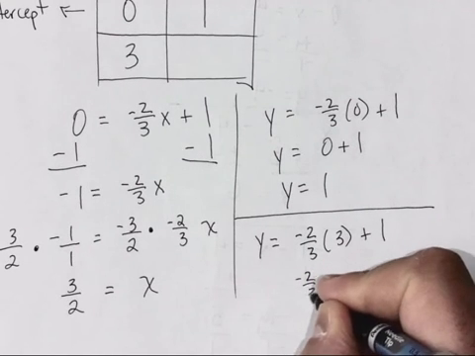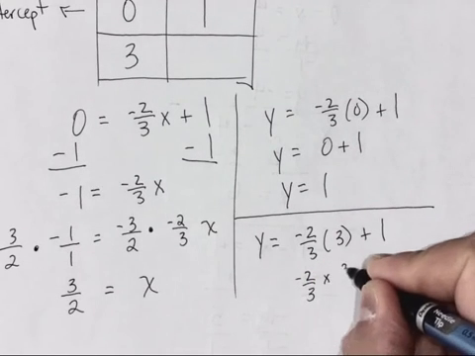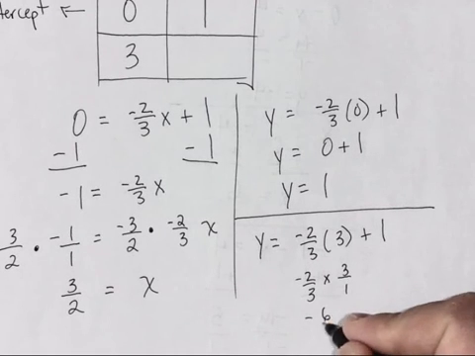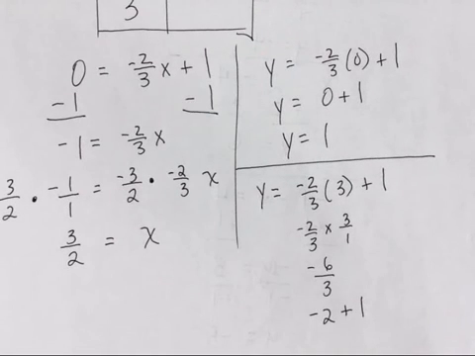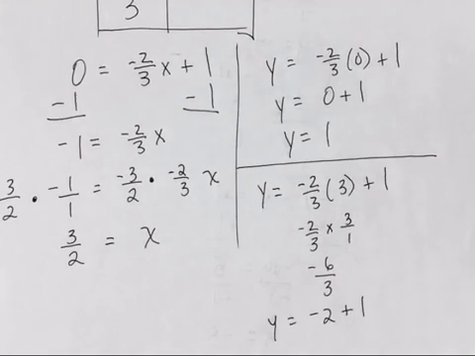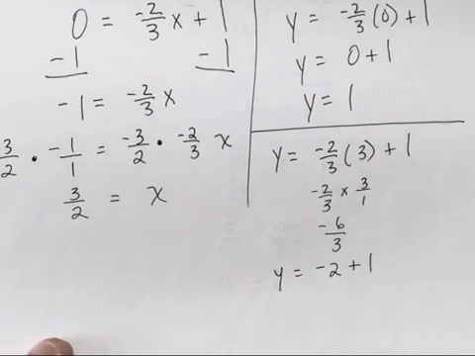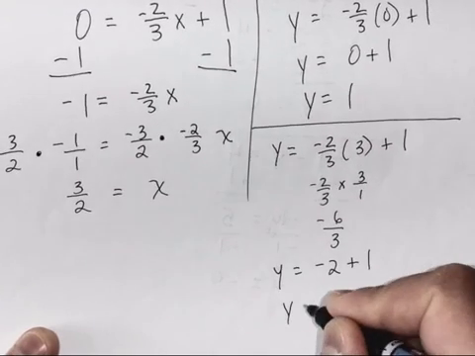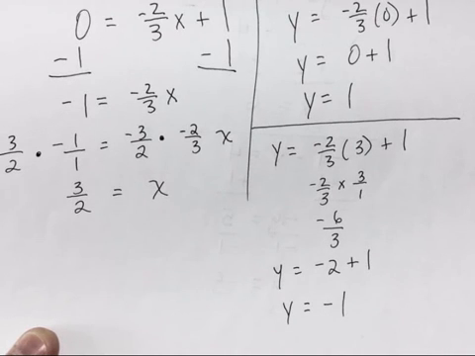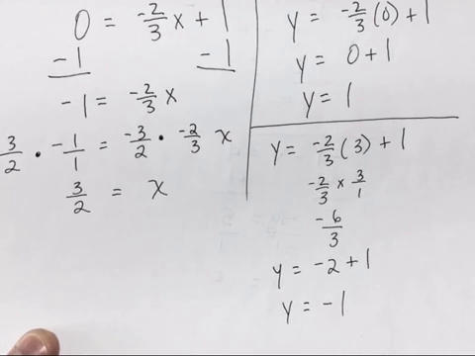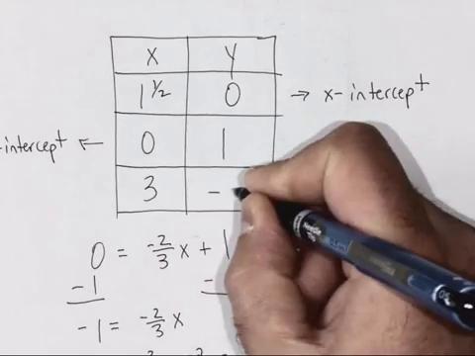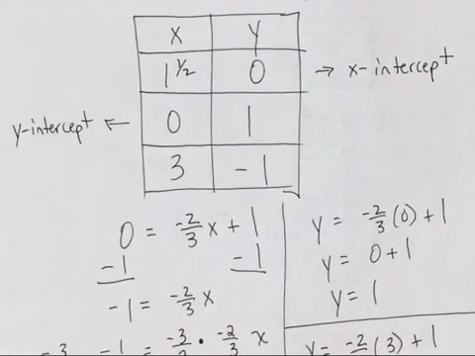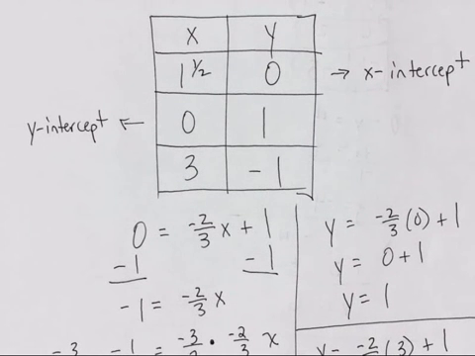That's negative 2/3 times 3/1, which is negative 6/3, which is negative 2. So negative 2 plus 1 is negative 1. Okay, so a little bit of fraction work there. So let's go back up here. And that gives us our intercepts, and then it also gives us a test point. So let's plot that.